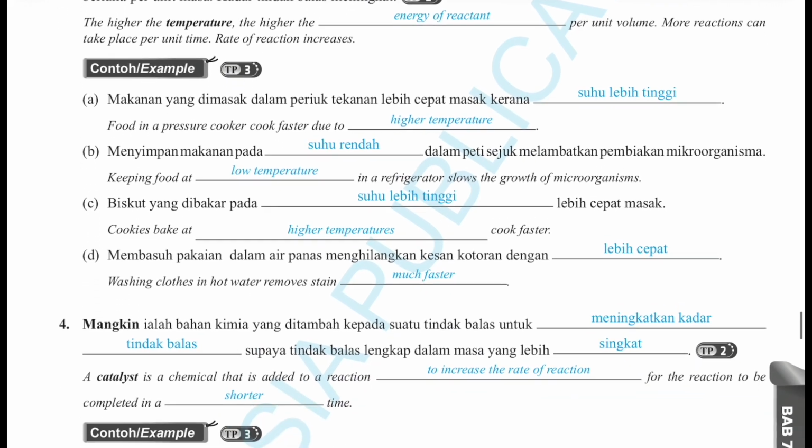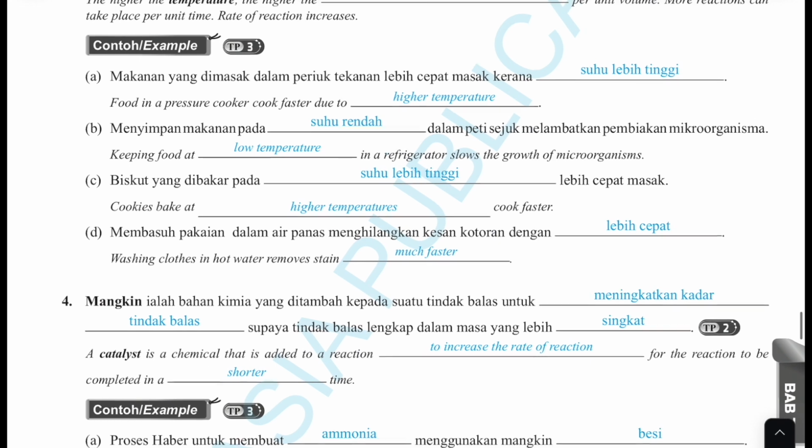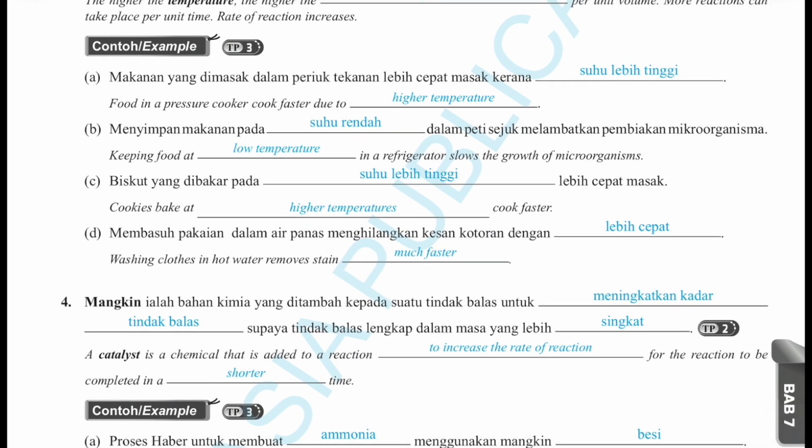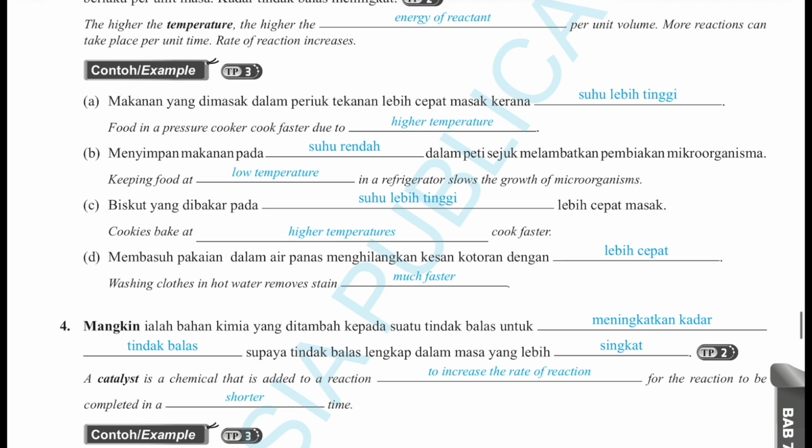So what is the application of this? So food in a pressure cooker cook faster due to higher temperature. So kalau kamu masak gunakan periuk tekanan, pressure cooker, dia akan cook faster. What is that? Because the pressure cooker has higher temperature, yeah, compared to ordinary cooker.